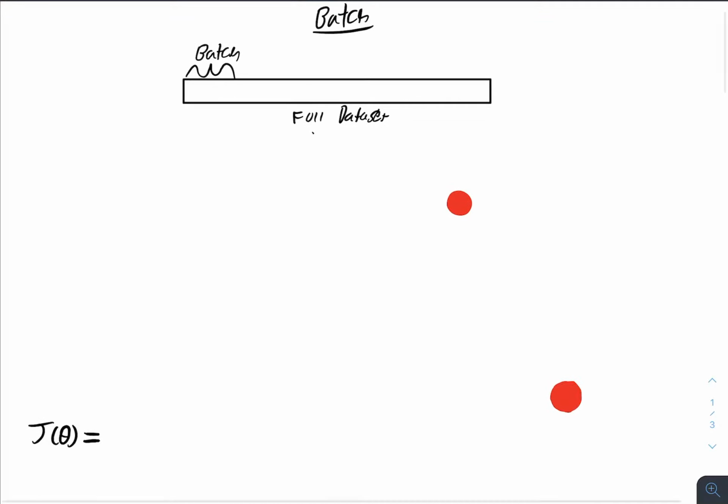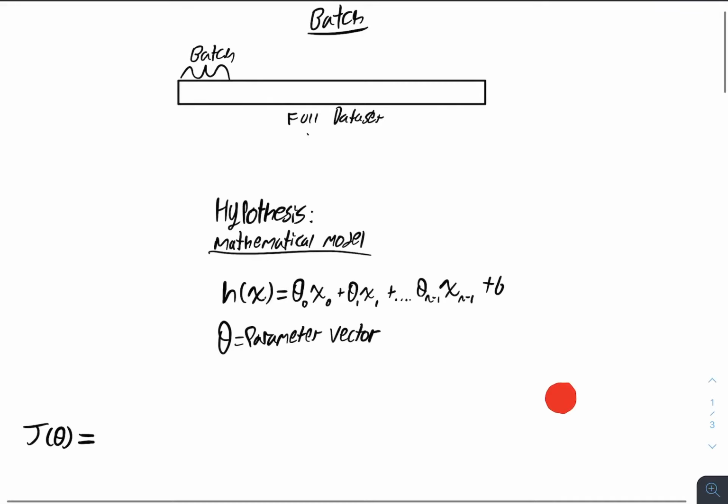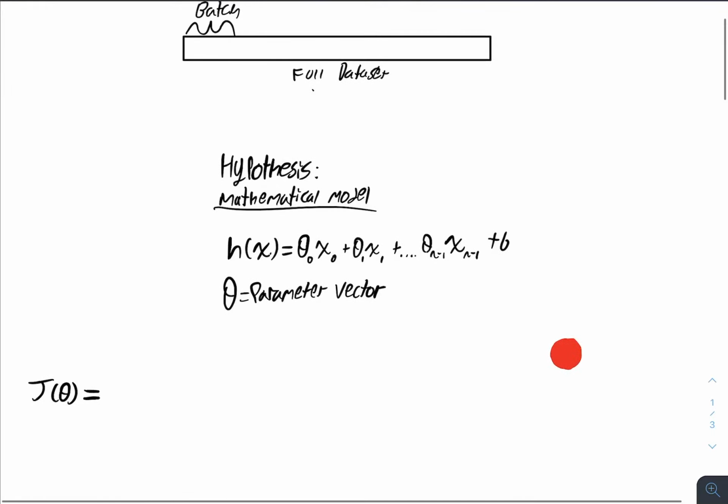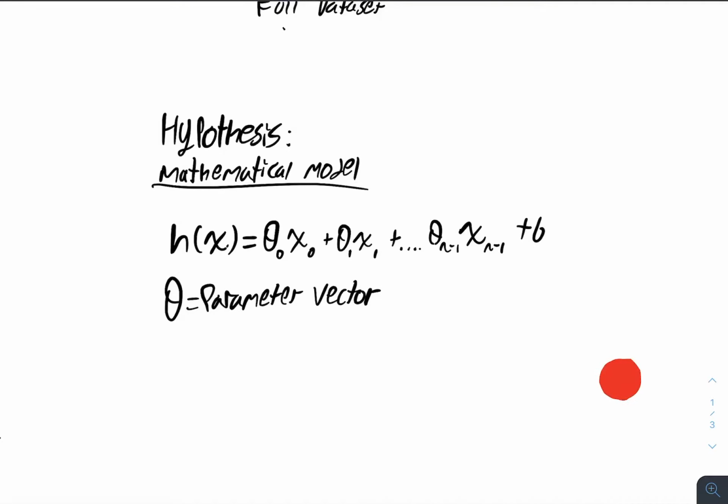And then what we need is some mathematical way of representing our model. Often our model is just a mathematical function that takes in the vector of inputs, does something with those numbers, and gives you an output. So for linear regression, we're just going to make a pretty basic linear equation. Here we can see each of the vector values: we have x0, x1, and all of the different values are being multiplied by some coefficient, then added together.